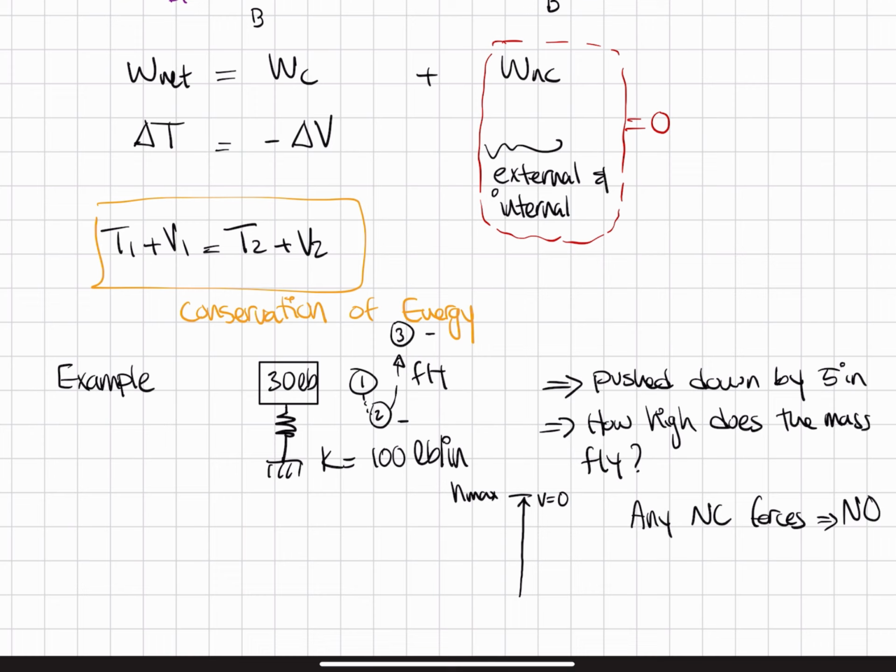Okay, so we can also draw a free body diagram. So that's our mass. We have W, which is 30 pounds. We have the spring force, which is going upwards.